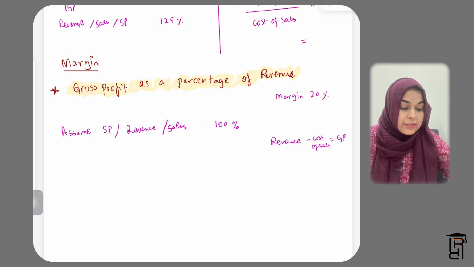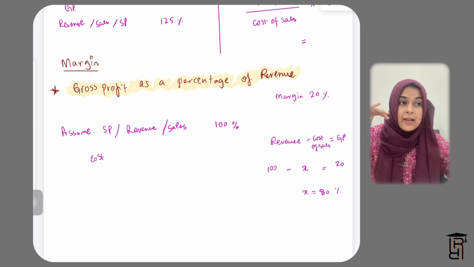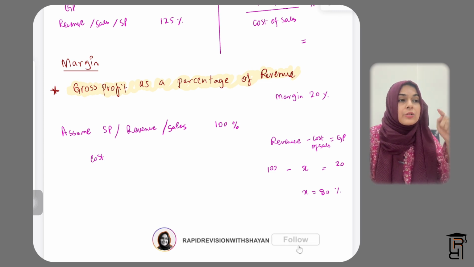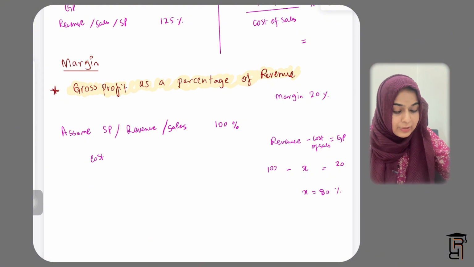So profit here is 20, revenue is 100, so cost of sales will be 80%. 100 minus 20 is going to give you the cost. So cost of sales will be 80%, and gross profit in percentage terms will be 20%.